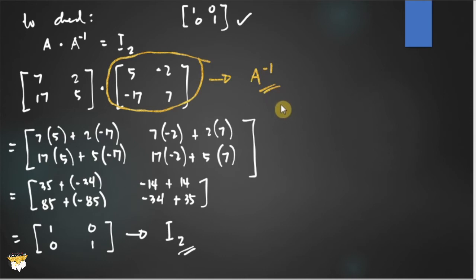So remember, when we check whether the inverse, nakuha natin na inverse of the given matrix ay tama, ma-check natin yan if we multiply that inverse of the given matrix doon din sa given matrix. Ang sagot niya, ang product niya must be the identity matrix. Okay? Right.